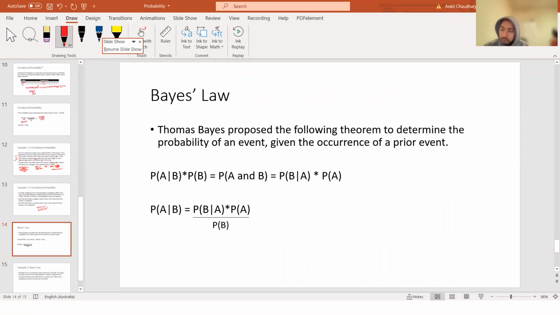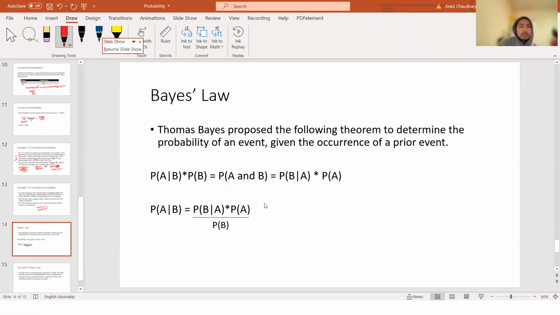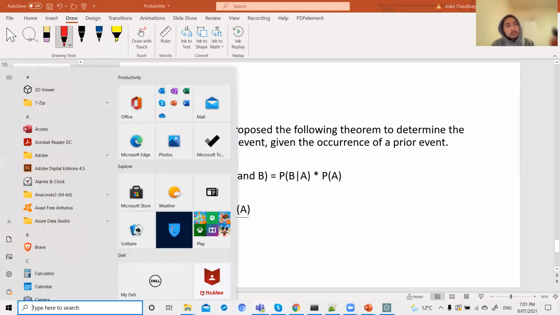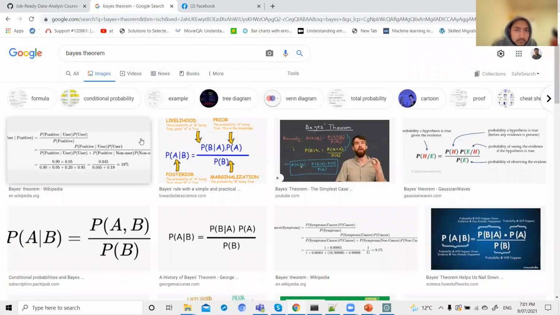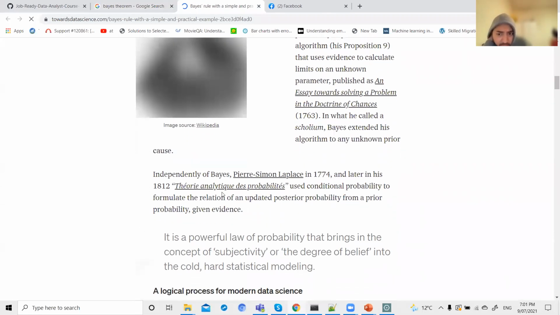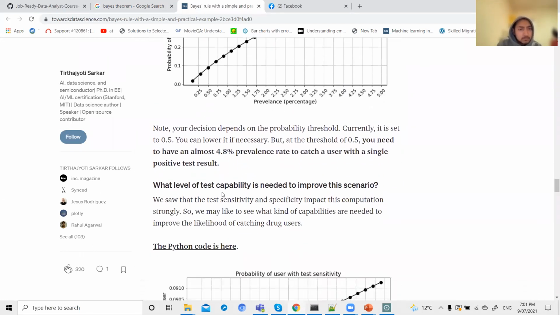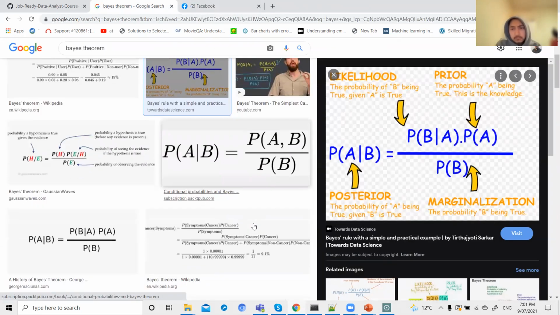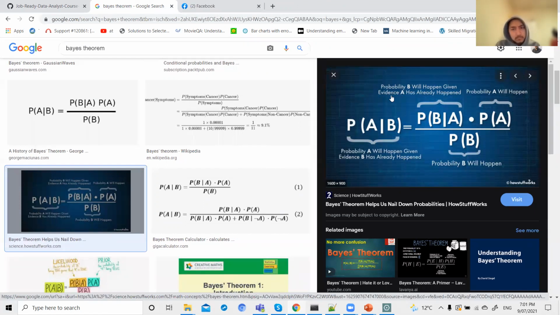If we search on the internet for Bayes and why this is popular, if we look at Bayes theorem, Bayes rule, this is the probability of A happening given the evidence that B has already happened, divided by the probability of B happening.